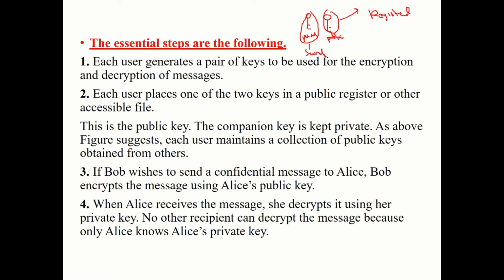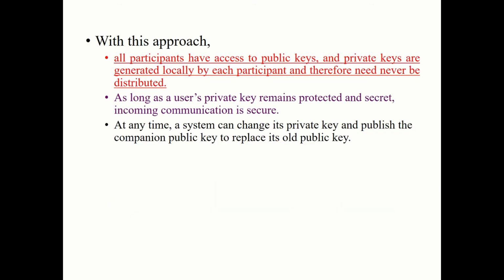Okay. So in the same scenario, Bob wants to send Alice a message. He can encrypt the message using his private key and send it to Alice, and Alice will decrypt it using Bob's public key. Or Bob could take Alice's public key, encrypt the message and send it to Alice, and in turn Alice will use her private key to decrypt the message. It's a very simple scenario that we can use.